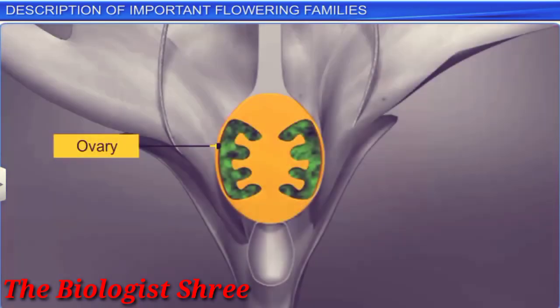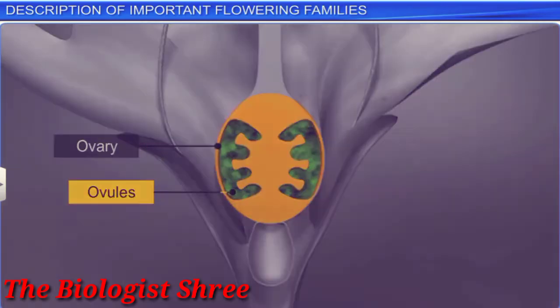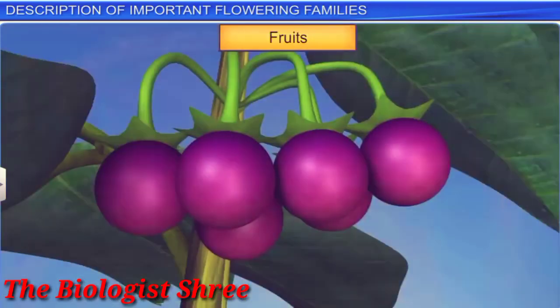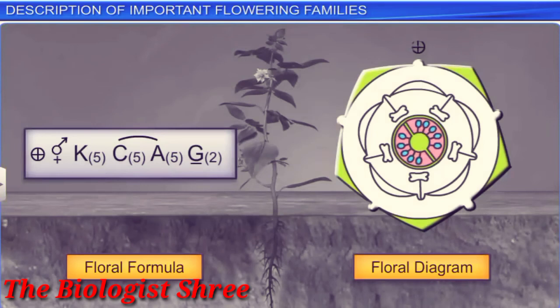The ovary is superior and bilocular, and the placenta is swollen with many ovules. The fruits of these plants are berries or capsules with many endospermic seeds. The floral formula and the floral diagram of the Solanaceae family are as shown.